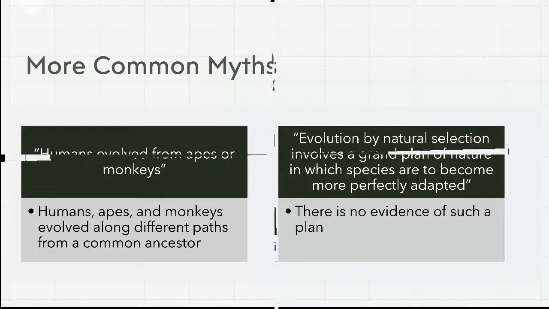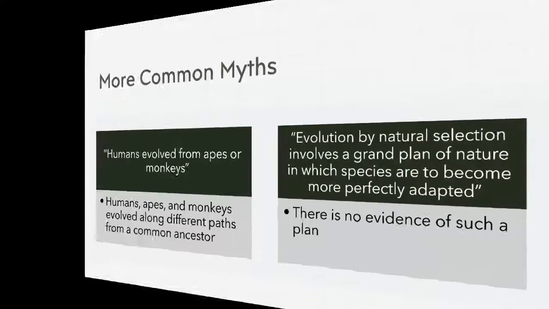How about humans evolved from apes or monkeys? No, humans, apes, and monkeys evolved along different paths from a common ancestor. What about evolution by natural selection involves a grand plan of nature in which species are to become more perfectly adapted? Well, there is no evidence of such a plan.